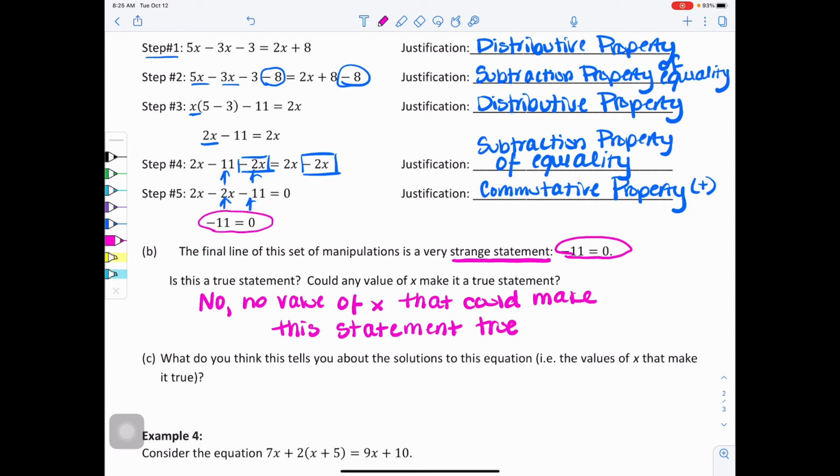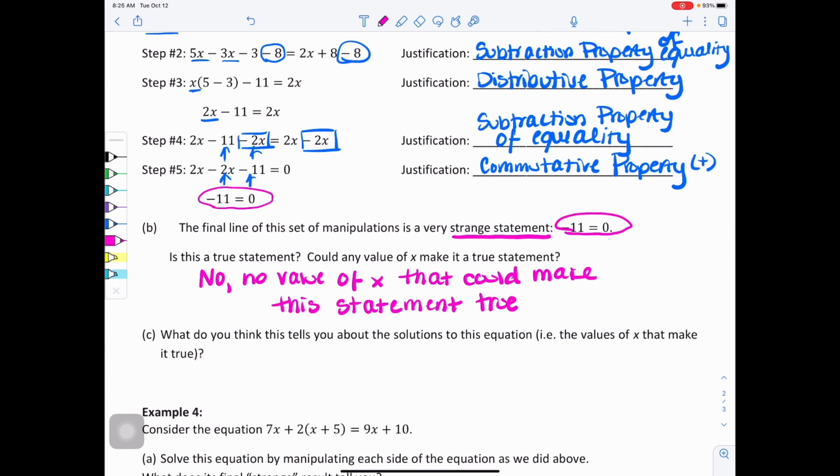So C says, what do you think this tells you about the solutions to this equation? For example, the values of x that make it true.